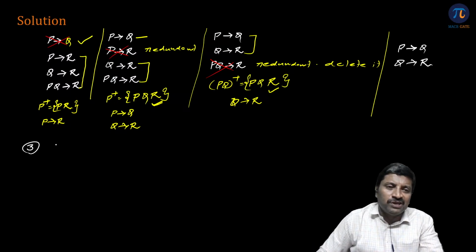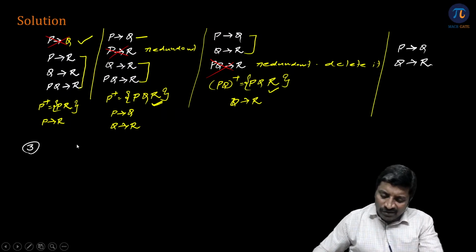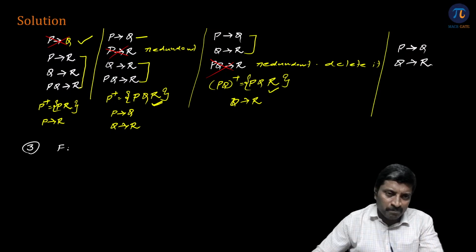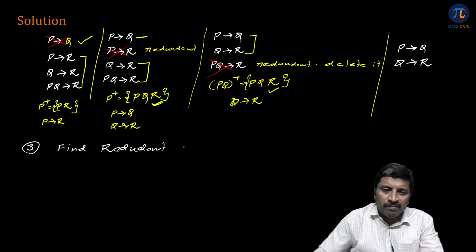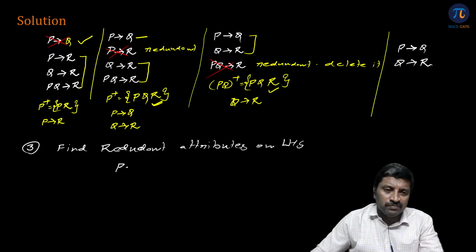What is the third step? Find redundant attributes on LHS. We should not write contain, sir. Find redundant attributes on LHS.